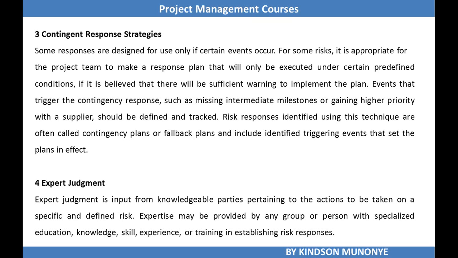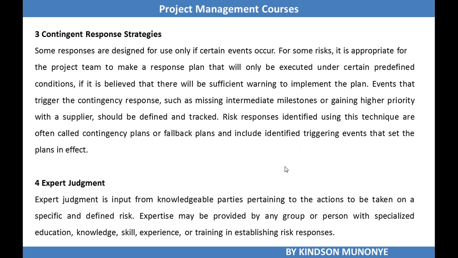Events that trigger the contingency reserve, such as missing intermediate milestones or gaining higher priority with a supplier, should be identified, defined, and tracked. Risk responses identified using these techniques are often called contingency plans or fallback plans, and include identified triggering events that set the plan in effect.